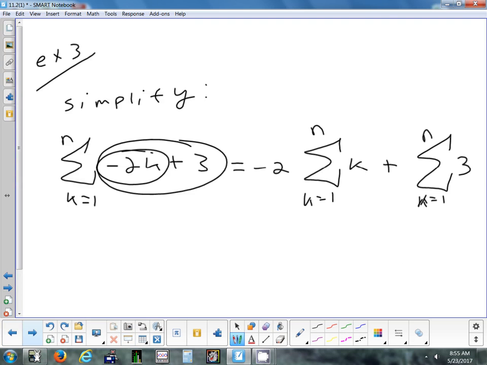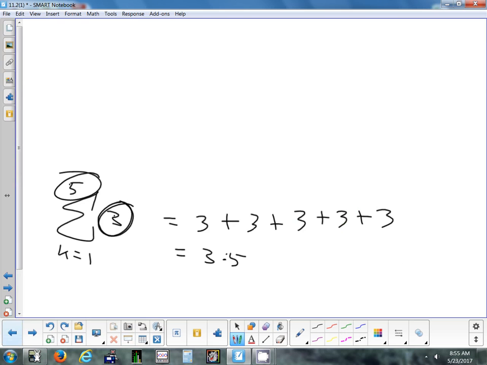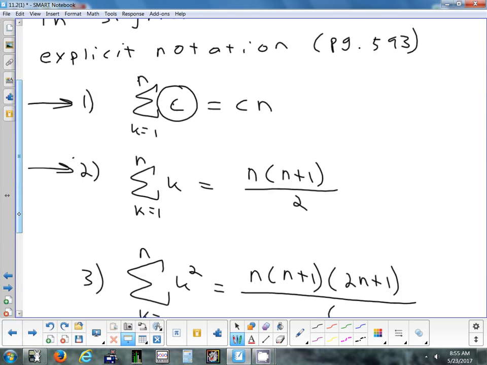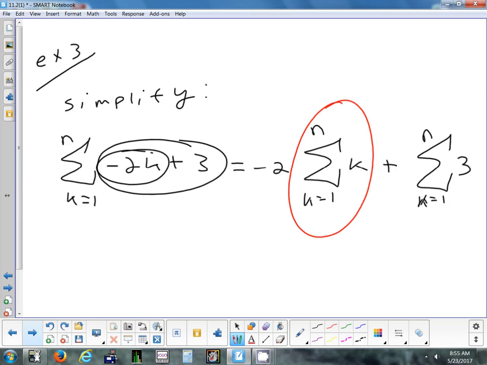Okay, right there. So now from here, it's just substitution. Okay. The sum from k equals 1 to n of k, we just had on the other page. Right here. The sum from k equals 1 to n of k. So we can substitute in what I just circled in red for what I circled in red there.